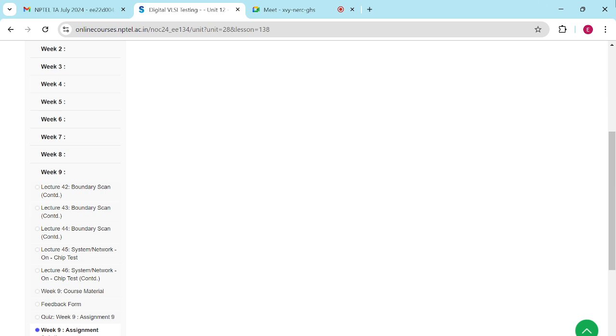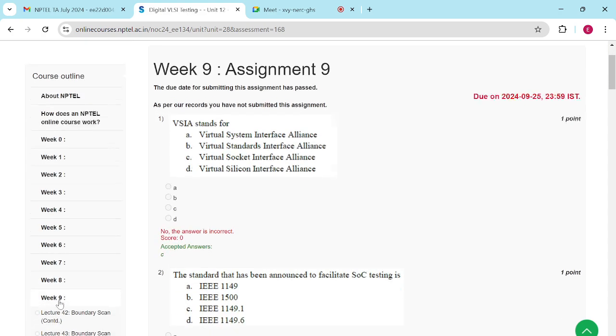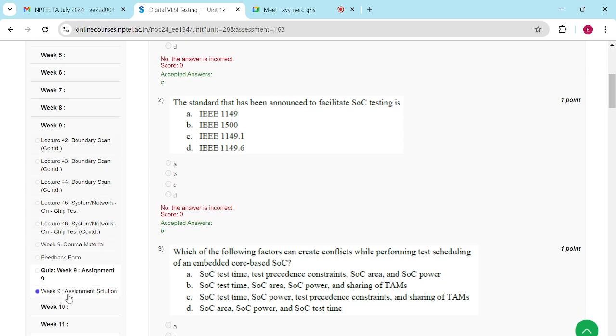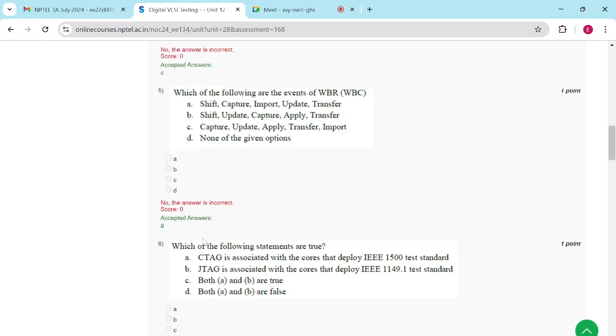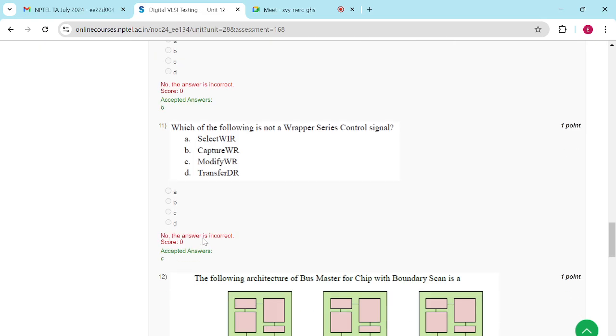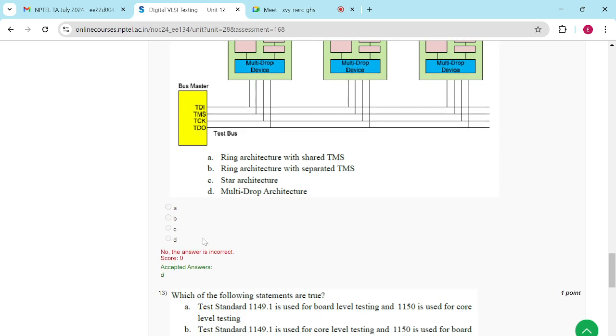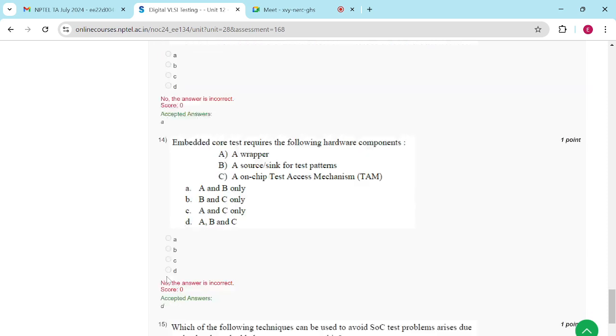For the solution, if you want any changes, you can just post it in the forum. Yeah, I posted it in the forum, but it didn't get any reply. I don't see any replies to my peers' questions as well. In the forum only, they will be changing it. We cannot do it.